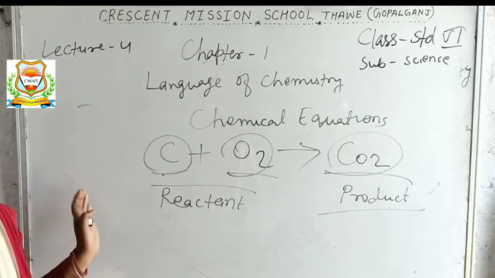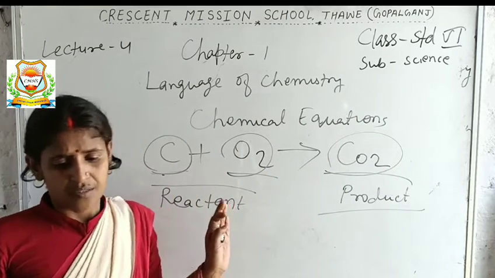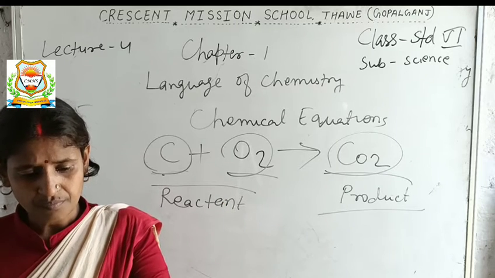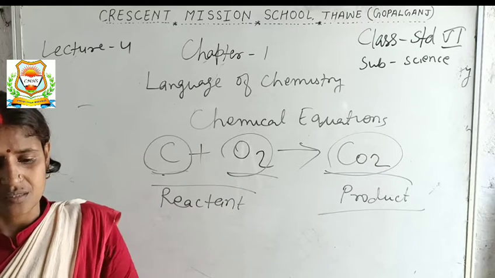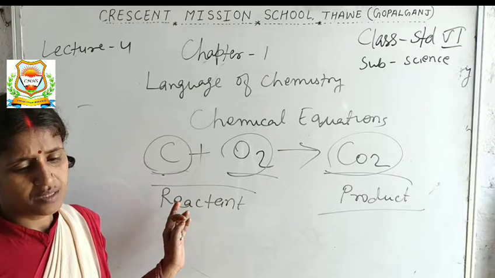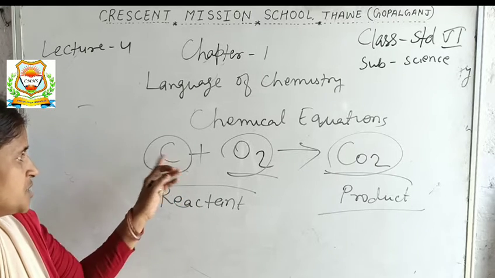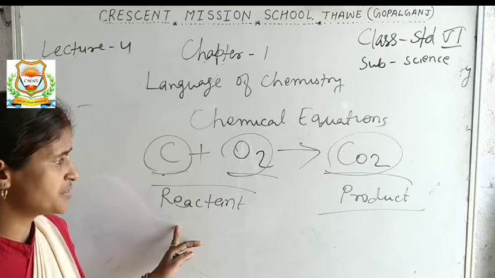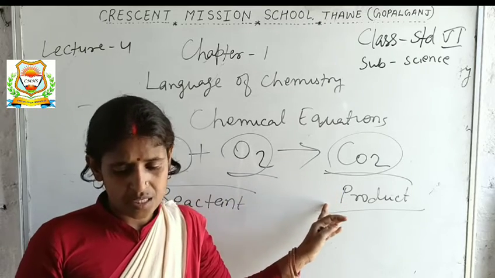First of all, let us learn about reactants. The substances that react among themselves are called reactants, and those that are formed are called products. In this reaction, carbon and oxygen are reactants and carbon dioxide is the product.